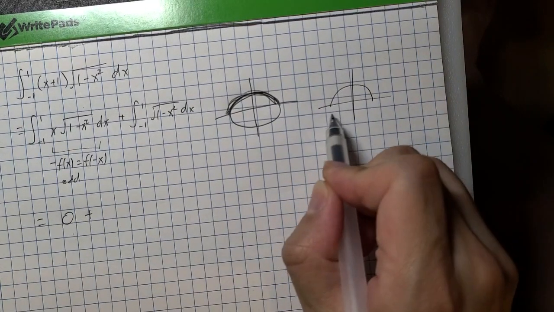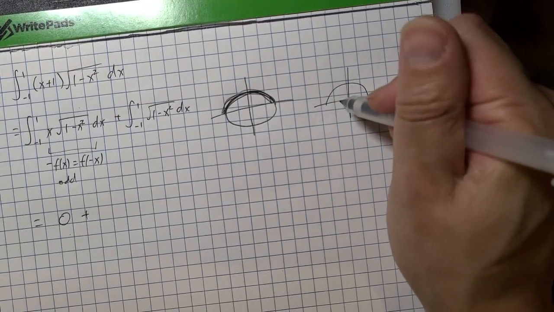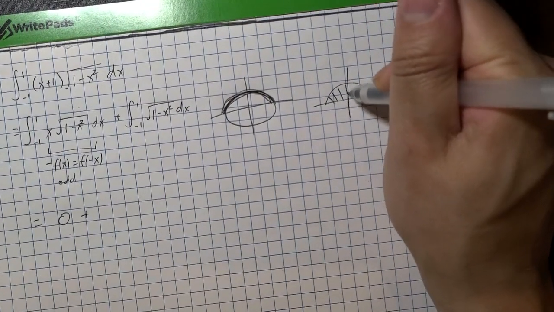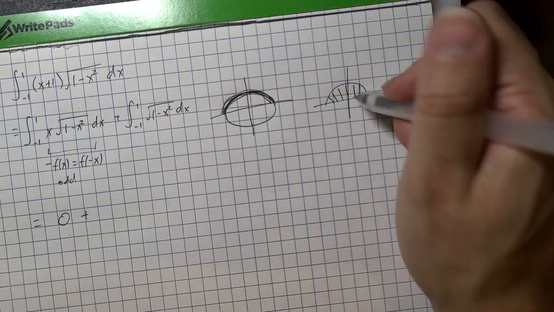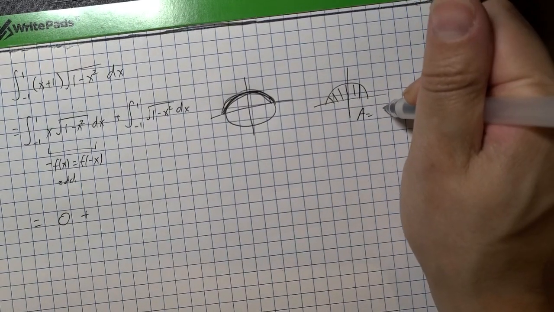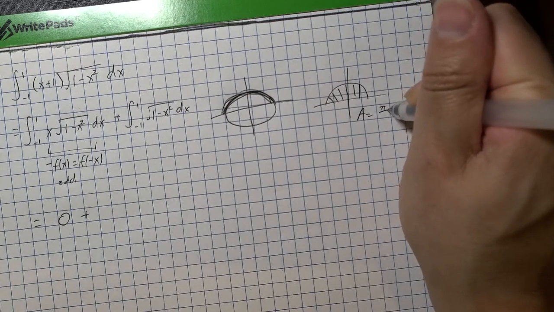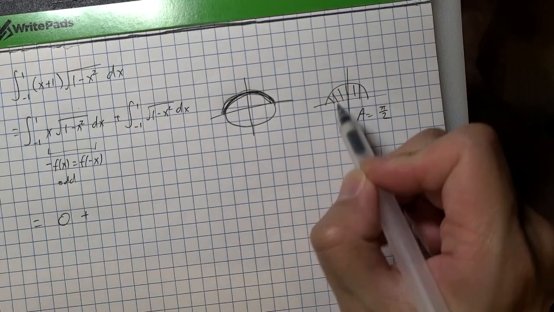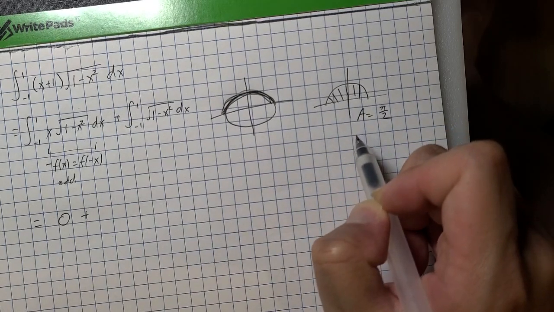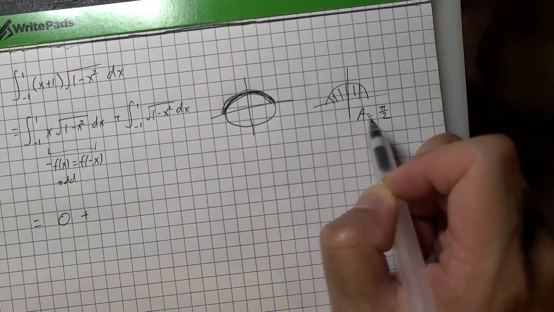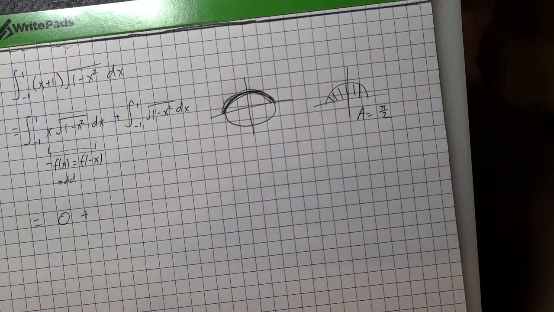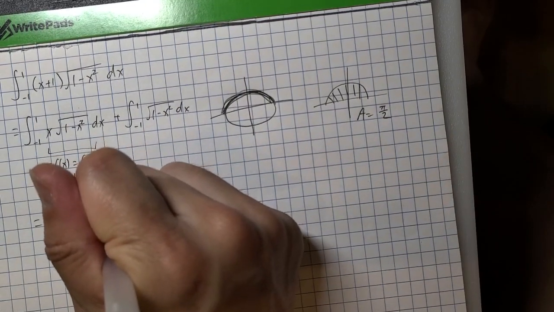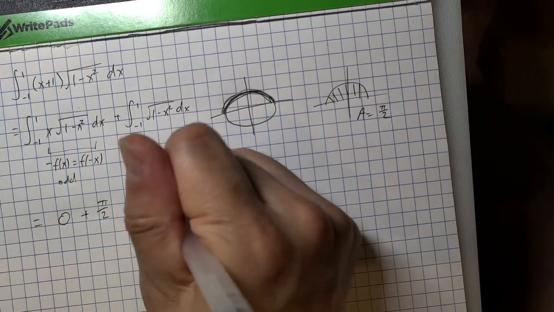Okay? This is the equation of this. This is a semicircle, which we know the area of. That's just pi over 2. Okay? Pi r squared is the area of the full circle. R is 1. So it'll be pi, but then half of the circle, so pi over 2. So it'll be 0 plus pi over 2, so it's pi over 2.